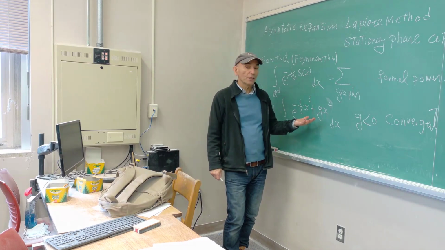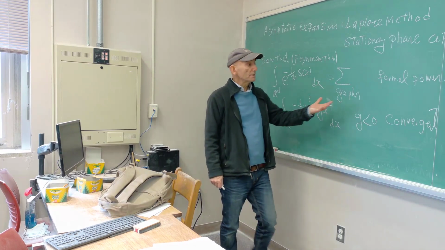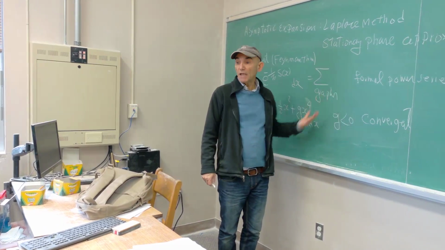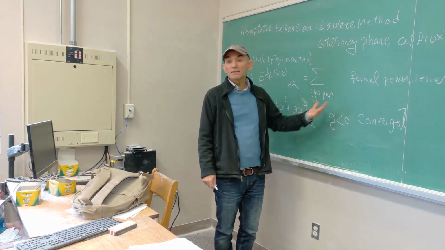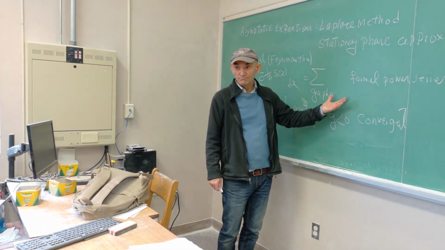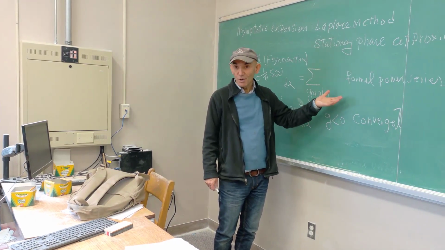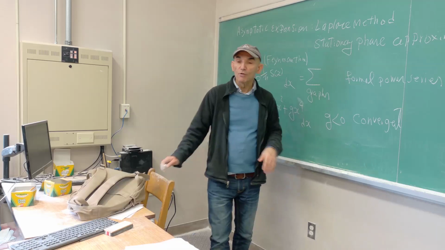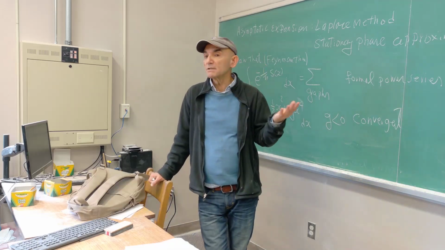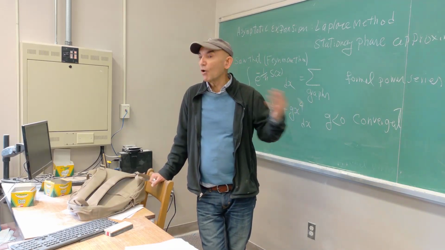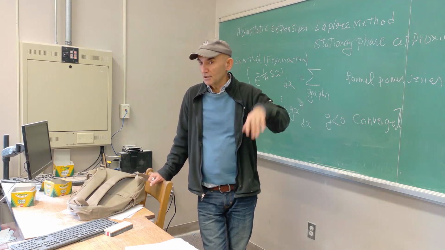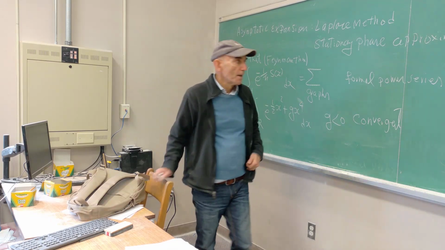We may hope that this is convergent, and this is a power series, and this would actually be equal to that. But that's hope in vain. The power series is never convergent. It's always divergent, because we estimate the coefficients, and the coefficients always grow factorially. So they're always divergent, even for finite dimensional integrals.